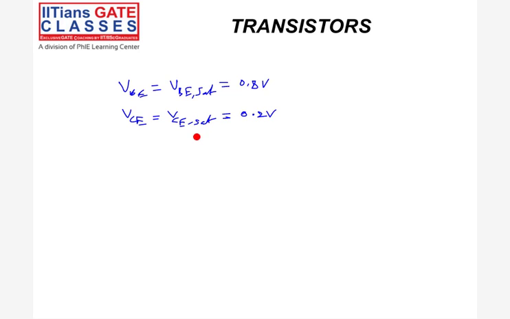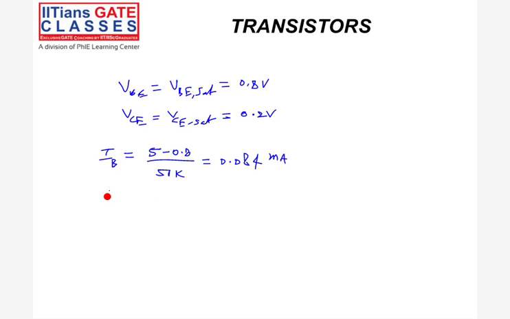These two things we can assume. Now from the input, what we can calculate? IB is equal to 5 volt minus 0.8, that is VBE saturation, divided by the resistance, that is 50K. So from this I got 0.084 milliampere in the first case.